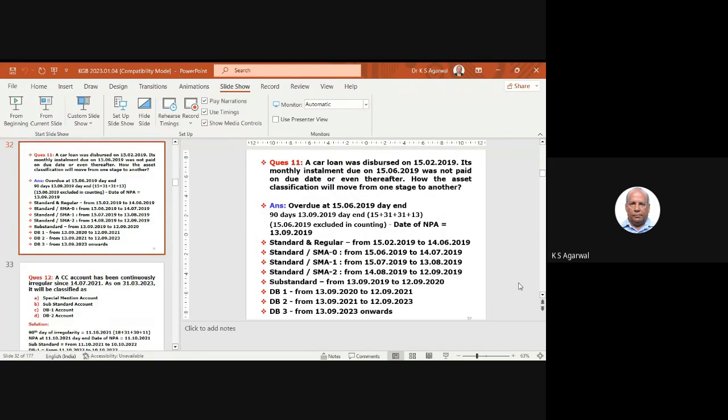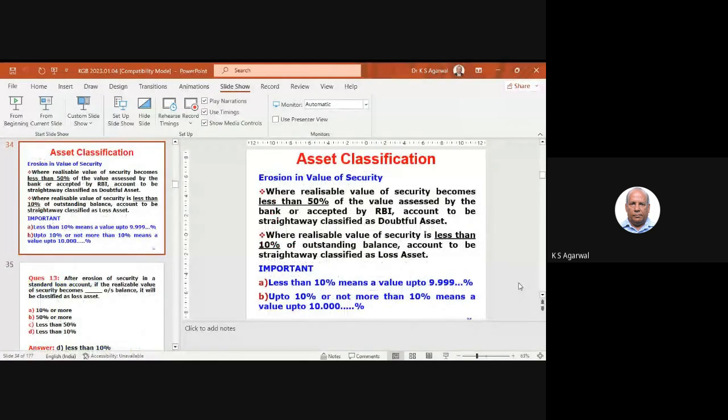I'm skipping question 12 here. I'm coming to erosion in value of security. Where the realizable value of security becomes less than 50% of the value assessed by the bank, this account will be straight away classified as doubtful.